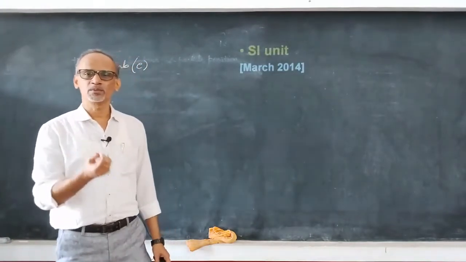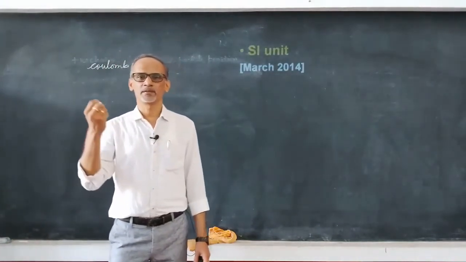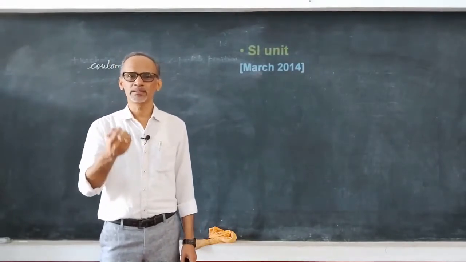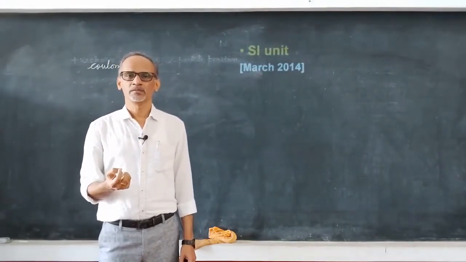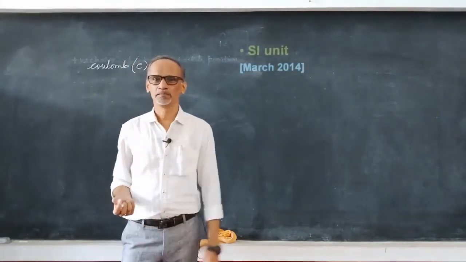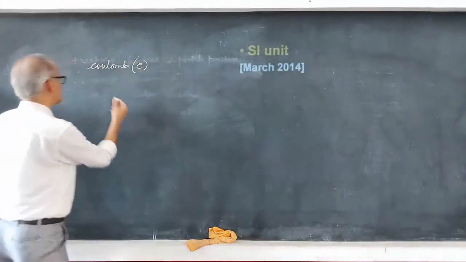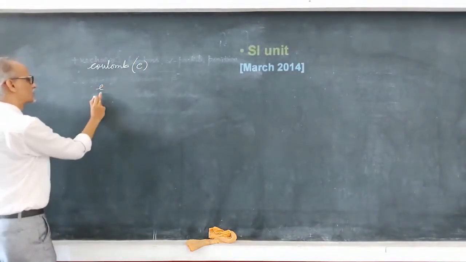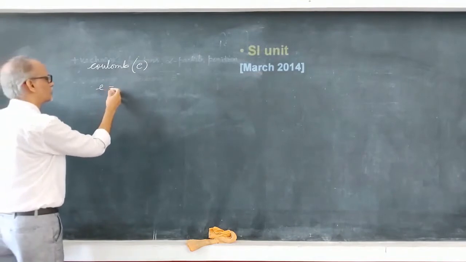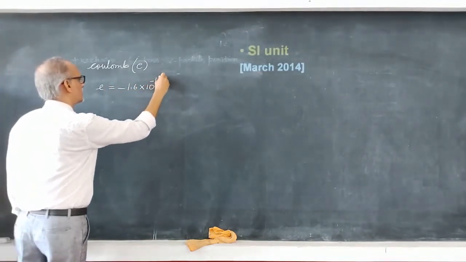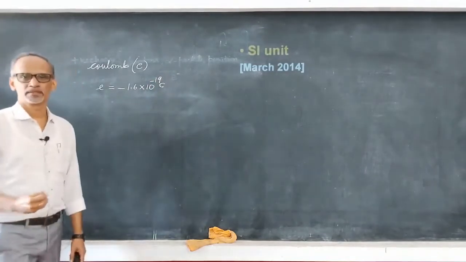Now, I have told you there are examples of positively charged and negatively charged particles, and we can measure this charge because it's a physical quantity having the SI unit Coulomb. So what is the charge on an electron, which is denoted by e? The charge on the electron is found to be equal to minus 1.6 into 10 to the power minus 19 Coulomb, and you have to remember this constant value.